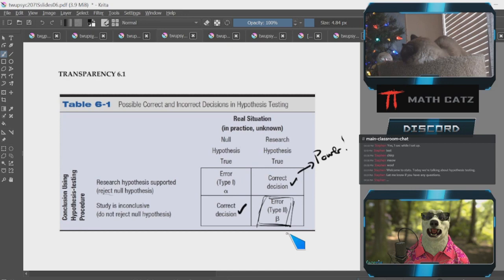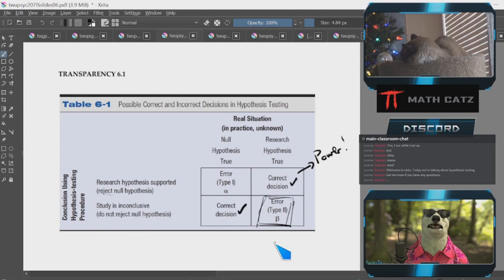Neither one of these should be very big. And there's a balance between them. I can choose one, but it affects the other one. And things like increasing the sample size, lowering the variance, and things like that can improve the type 2 error as well.